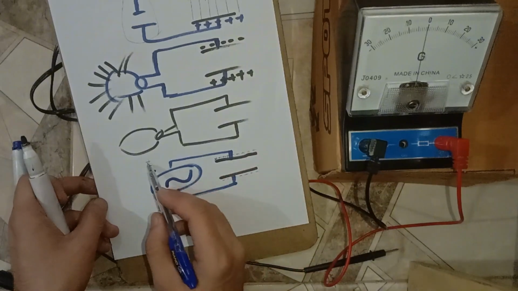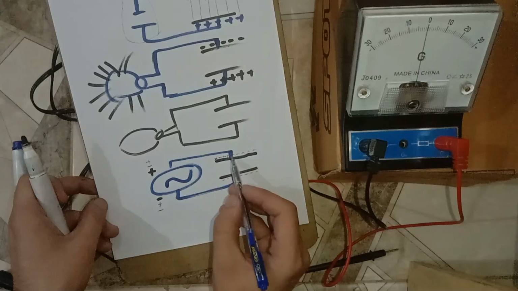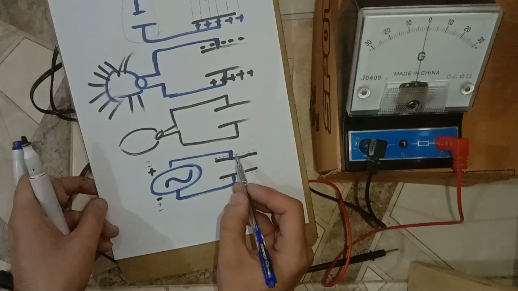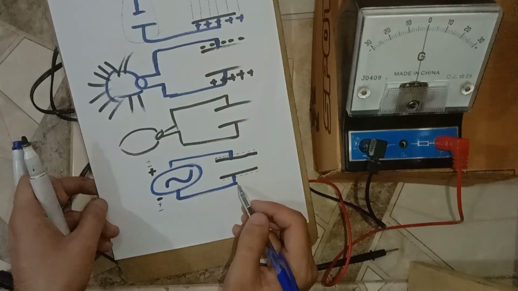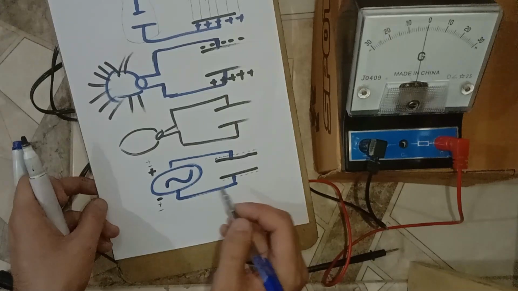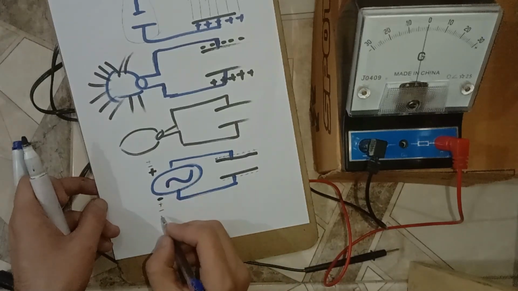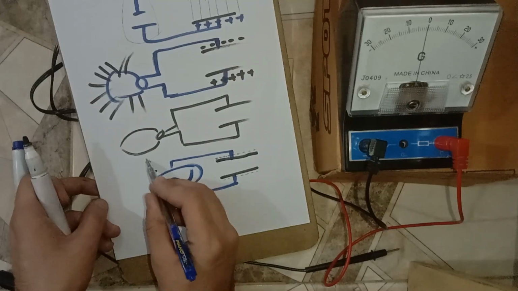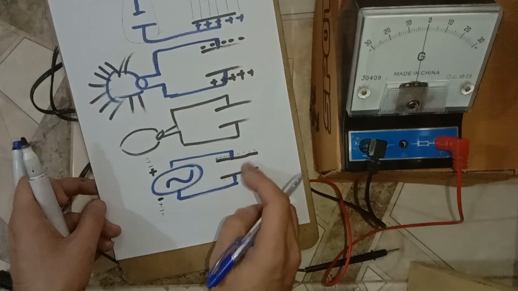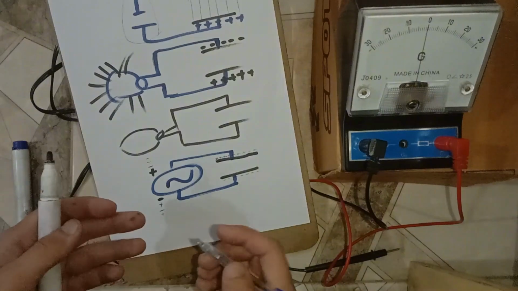Again the charges will go and the positive charges will appear on this plate and the negative charge will appear on this plate. And if again this polarity is changed, this becomes positive and this becomes negative, again the discharging of this capacitor will occur.